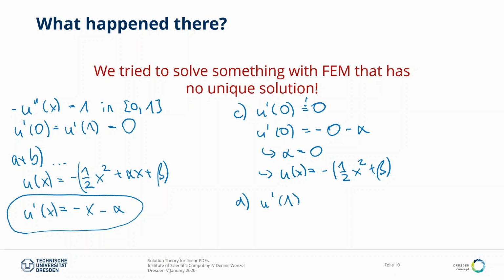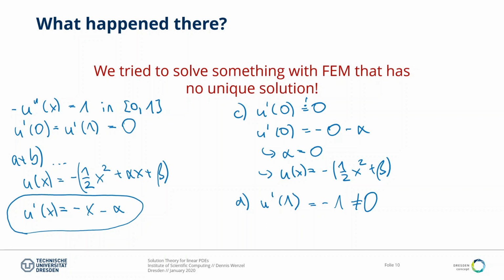So u prime of 1 is minus x. And okay, this minus x does probably not fulfill our boundary condition. If I plug in, that's minus 1. So, yeah, and that's not 0.